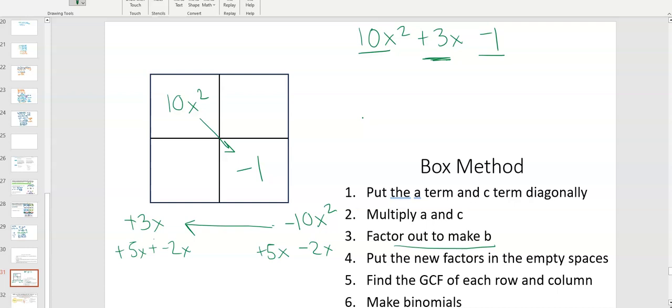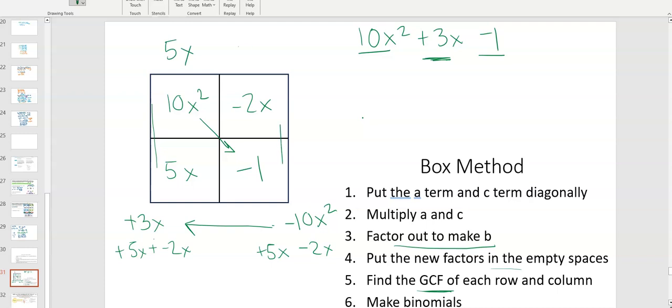Okay, I'm now going to take those terms and I'm going to put them in the remaining boxes. Now I am going to put them in the empty spaces. We're now going to find the GCF of each row and column. So going up and down, vertically, the GCF would be 5x.